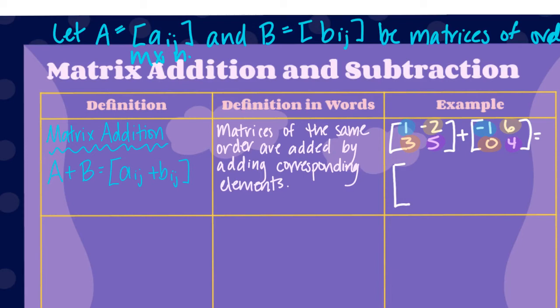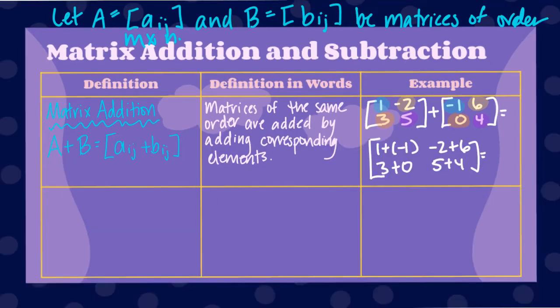So we can see here that we can add 1 plus negative 1, negative 2 plus 6, 3 plus 0, and 5 plus 4. And that would reduce to give us a final matrix of 0, 4, 3, 9.